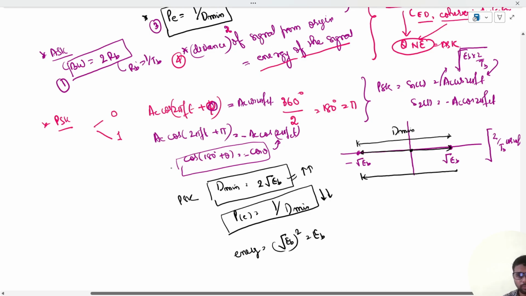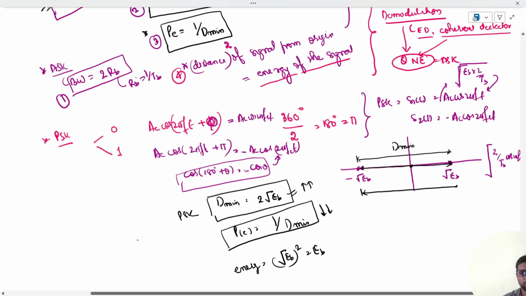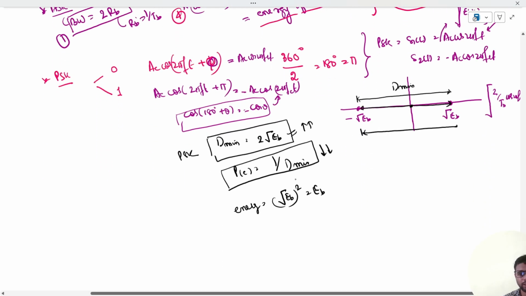Okay, that is obvious. That is, energy is EB only. From this assumption only, energy EB is given. So basically energy is EB, and this is also equal to the distance of the signal from the origin. That is to be remembered.